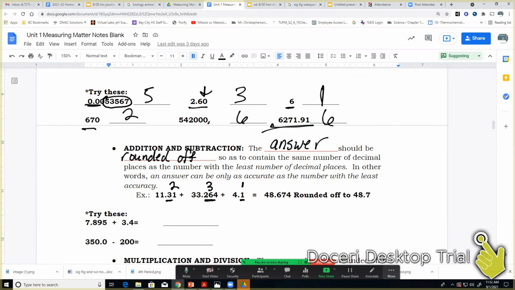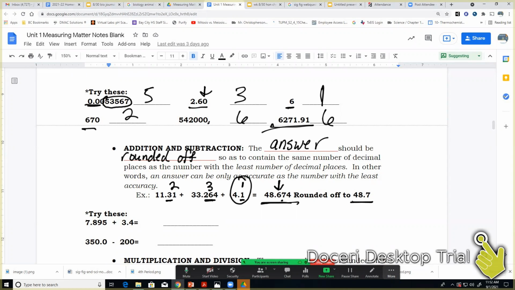You always go with the least. So my calculator may kick this out, but I have to adjust it to get it correct and to get credit. And because of this one, our answer can only have 1 place behind the decimal. So that's where my 6 is. But because there's a 7, it would have to be recorded as 48.7.